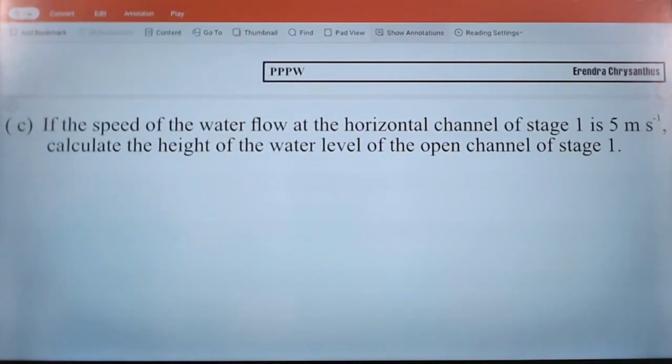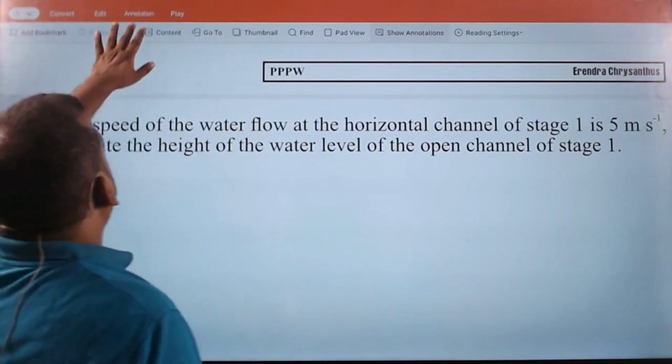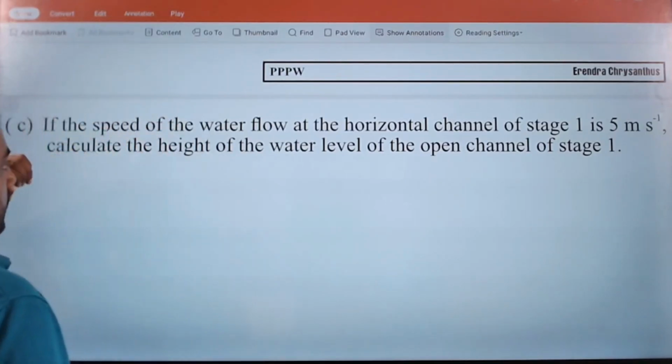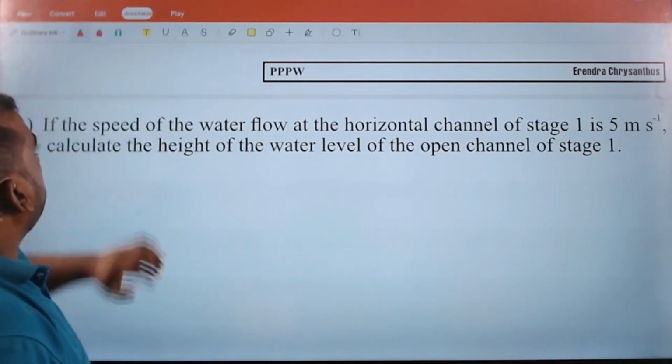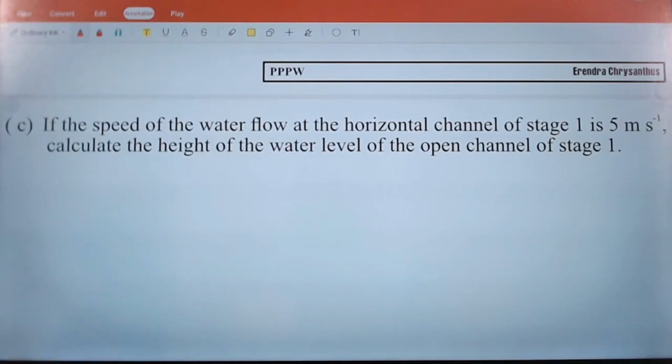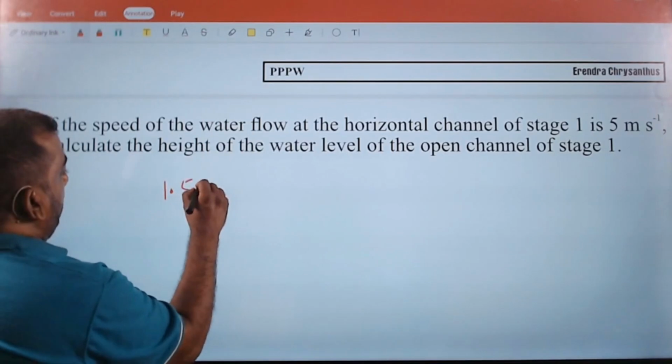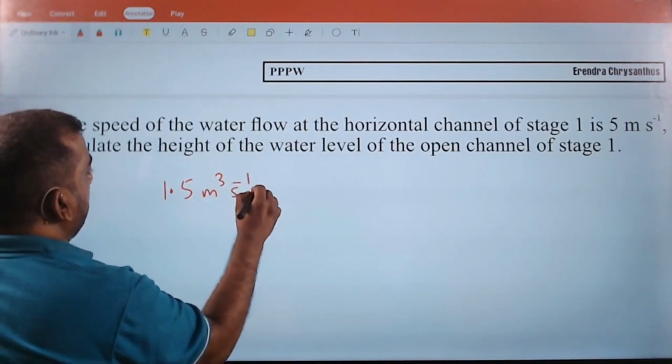If the speed of water flow at the horizontal channel of stage 1 is 5 meters per second, calculate the height of water of the open channel stage. So they are asking here, same volume flow rate 1.5 cubic meters per second.